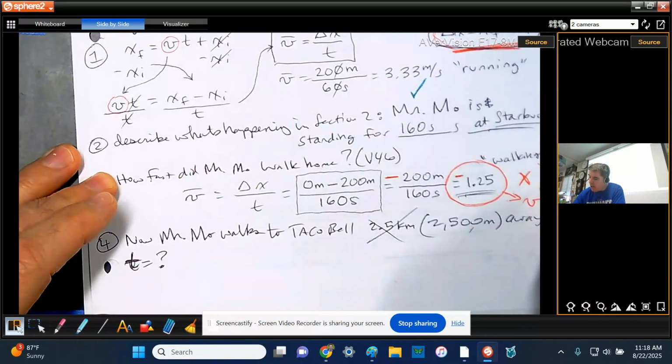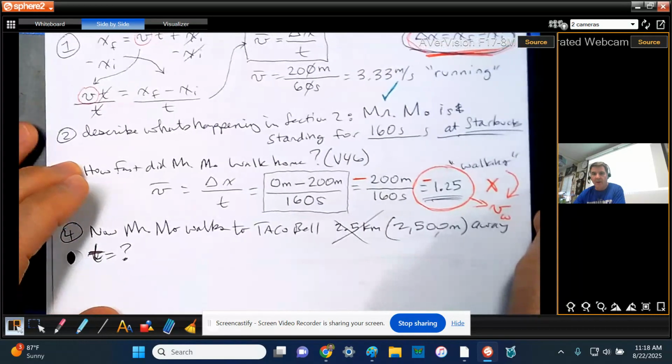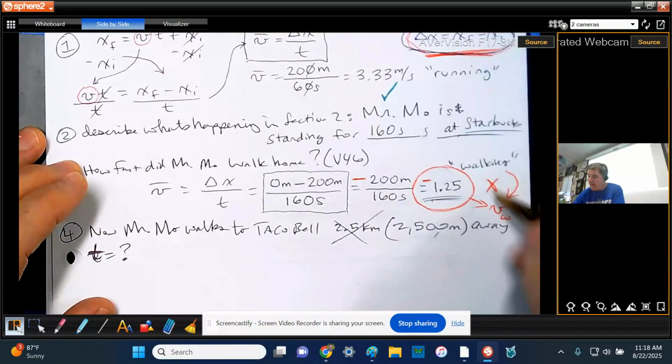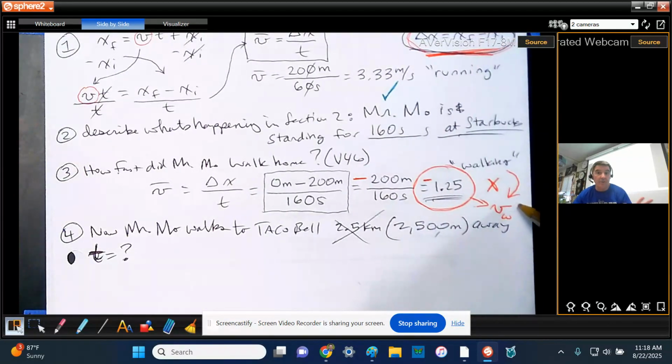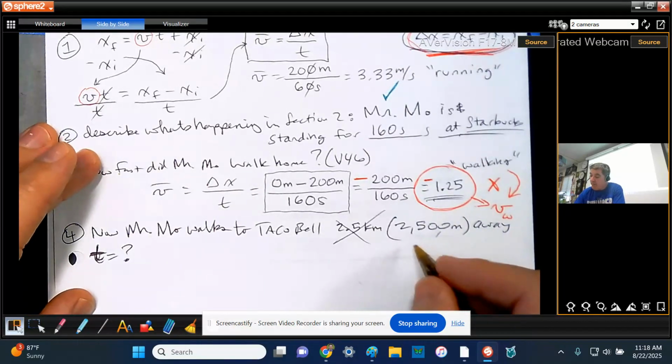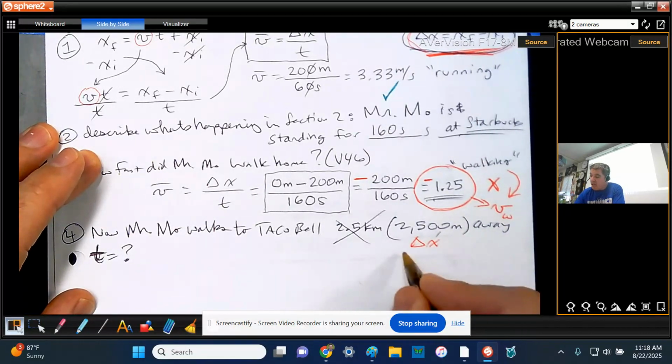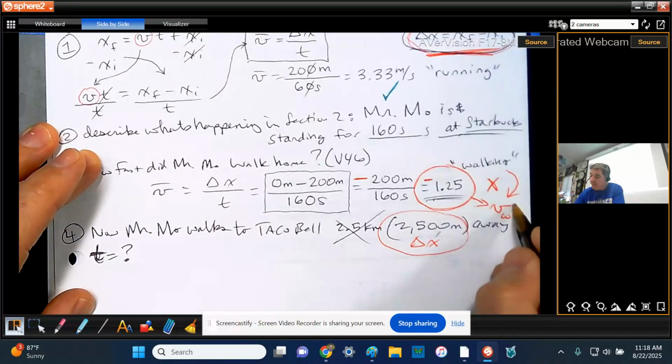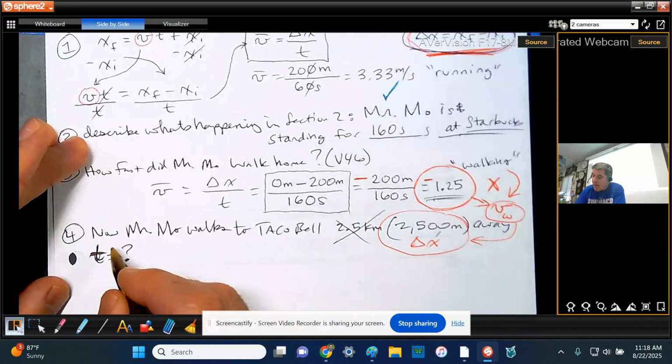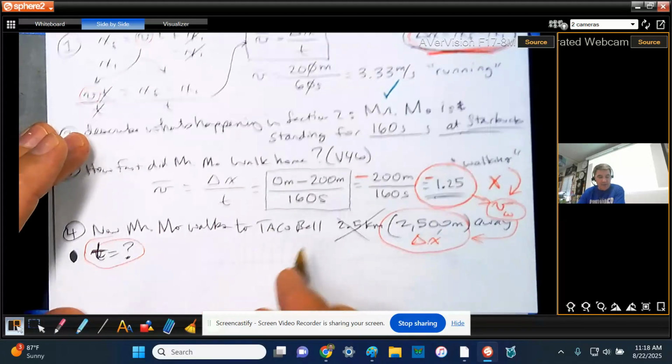I'll call it VW, velocity when I'm walking. Wow, I'm always off the screen. I'll call it VW here real quick so you can see that. And this is my delta X. This is how far I'm going to walk, right? So that's my VW, my delta X. And I want to know how long it's going to take me to do this, okay?